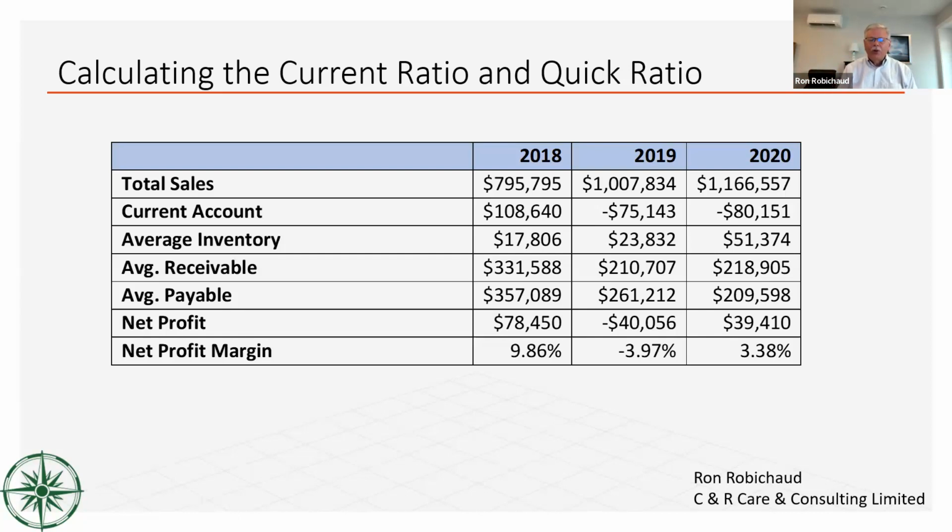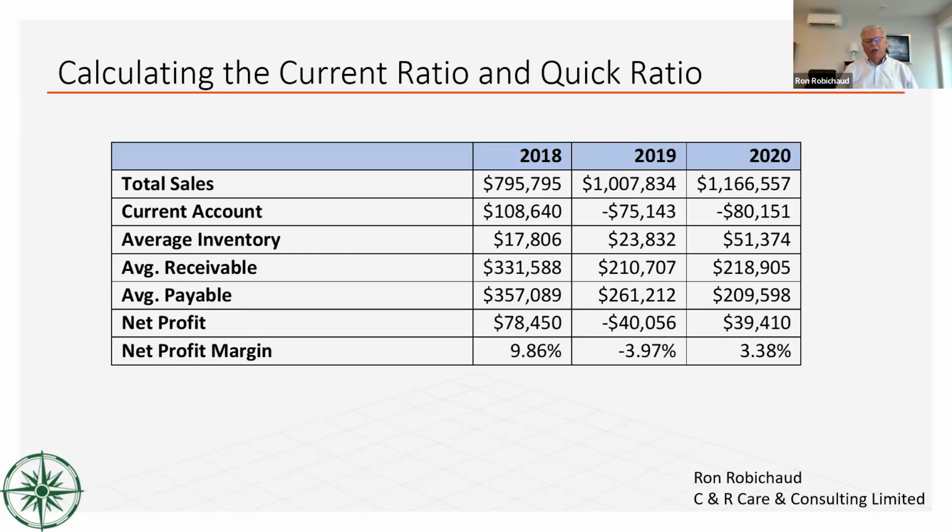The average inventory went from 17,000 to 23,000 to 51,000. Accounts receivable went from 331 to 210 to 218. So it has calmed down a little bit, but in 2020 went up a little more, a big change from 2018. Average payables was 357,000 in 2018.